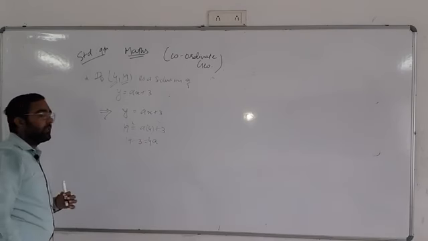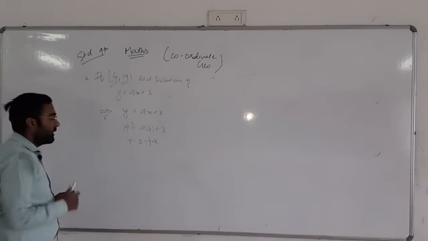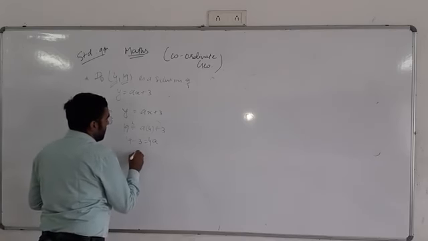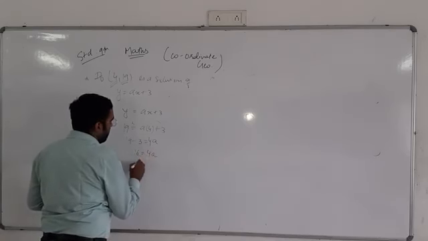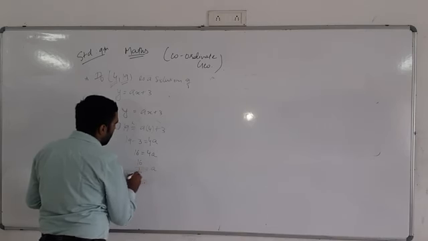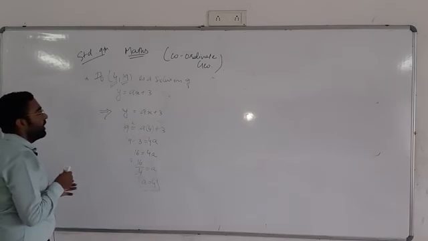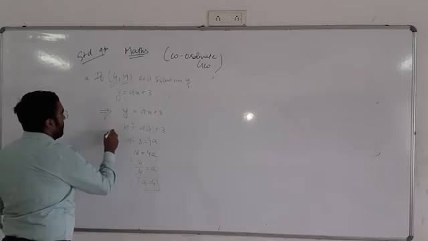Now 19 - 3 is 16, so 16 = 4a, and 16 by 4 is a. Therefore the value of a is 4, since 4 fours are 16. The value of a is 4.